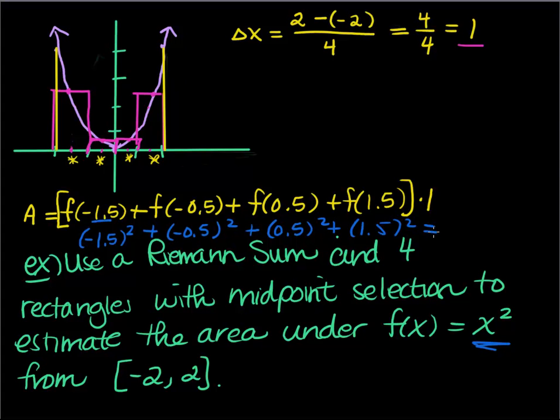And there's going to be some repetition here, so it's 1.5 squared plus 0.5 squared. Oh, look at what we get. This is awesome. We get 5. Okay, so that's an approximation, right? So what does that number mean? It's the area of all of these rectangles right here added together. Okay, that's what that means.